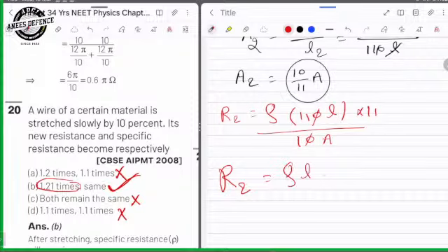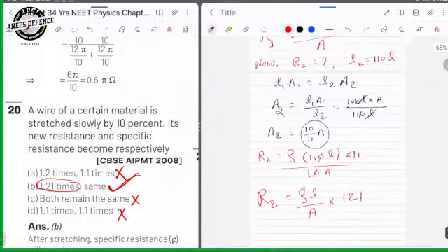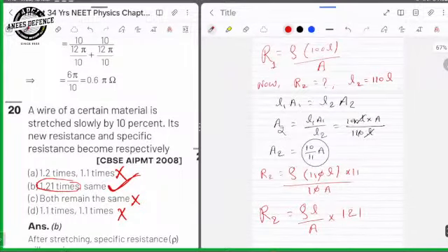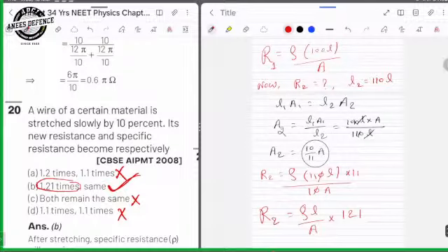So rho L upon area into what? 121, right? And what about R1? R1 is 100 rho L upon A, right? So in terms of percentage, what can you write? 21%. Yes or no? How much?